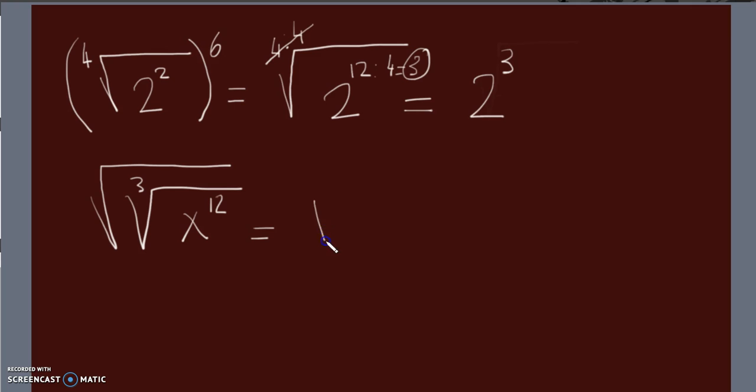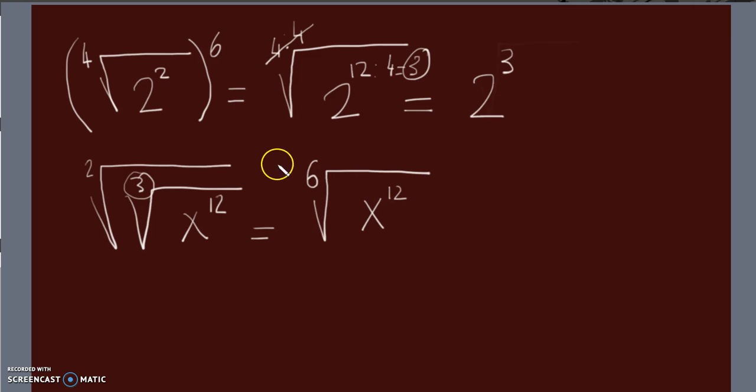To simplify this, we write only one radical. I have to multiply the indexes. So 3 times 2 is 6. Remember that this is a square root. Don't forget there is a number 2 here. So 6, and inside the radical is left x to the power of 12.